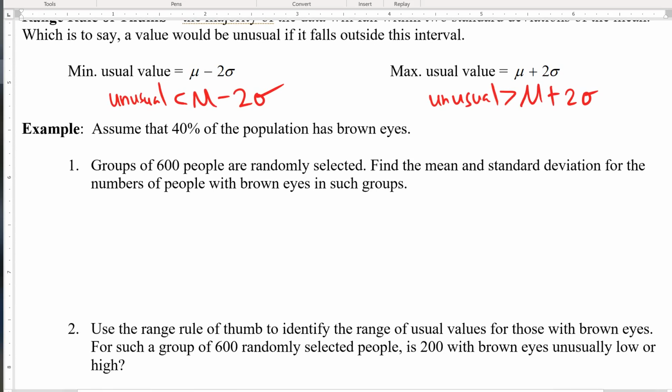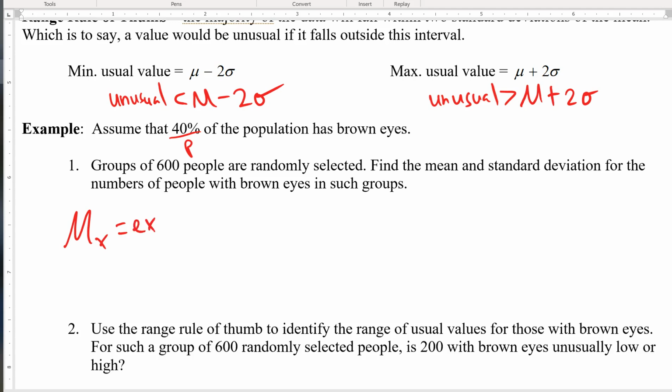So let's apply this. 40% of the population has brown eyes, right? What is that 40%? We're calling brown eyes a success. Sorry for all you blues and greens, and this is success, right? Groups of 600 people are randomly selected. Find the mean and standard deviation. Well, what does the mean mean? Well, out of 600 people, and this is key, I will use this phrase instead of mean sometimes.